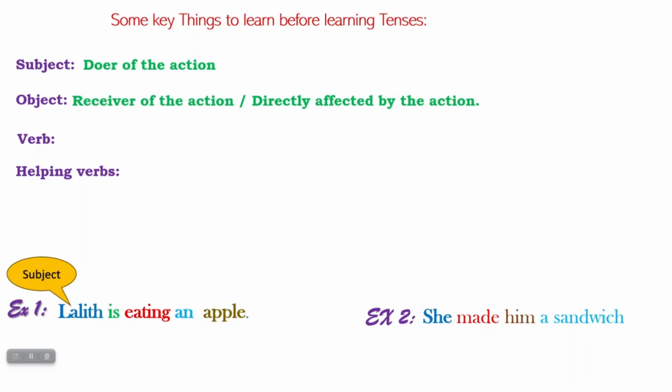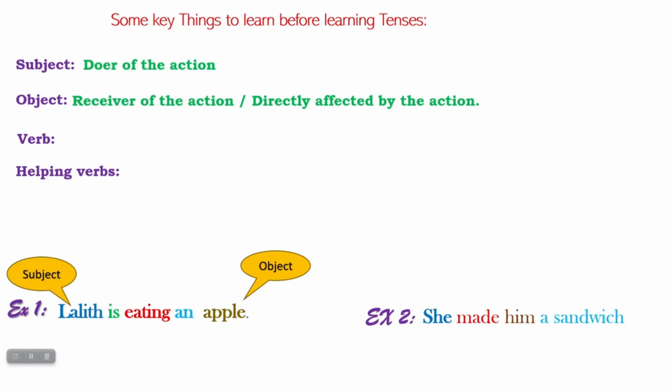Apple is directly affected by Lalit's action. So, apple is an object. Let's take another example. She made him a sandwich. And who is the receiver of the action? Him. Him is the object pronoun. Mostly, the object comes after the verb.